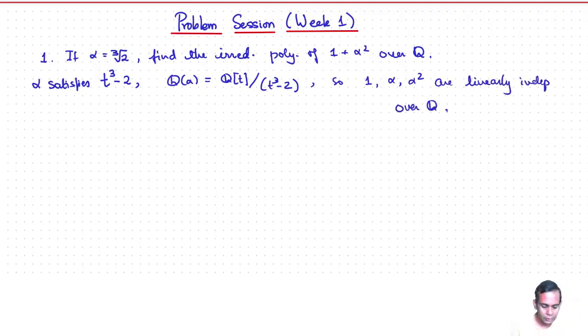Okay. So with that in mind, let's say gamma is 1 plus alpha squared. We want to find an irreducible polynomial that gamma satisfies.